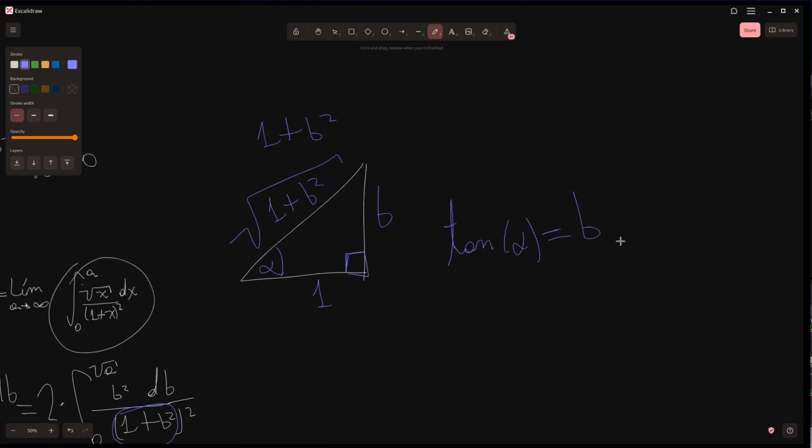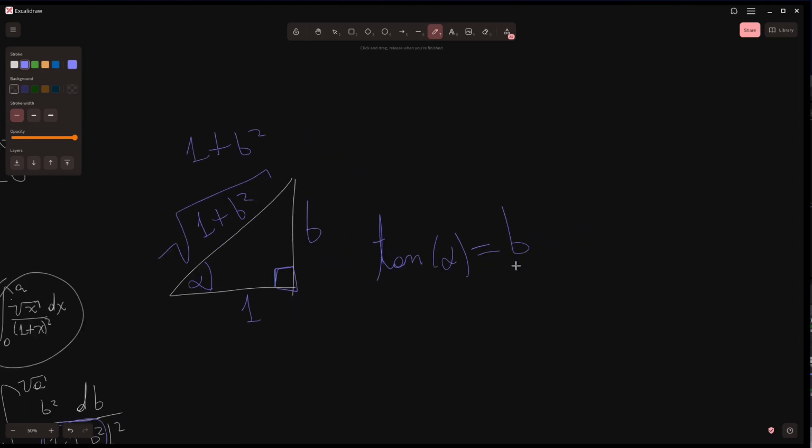And we know that the angle should be the arctangent of v, so alpha should be tan minus 1 of v, and we can differentiate this expression.